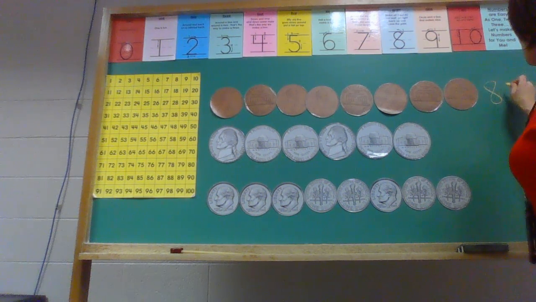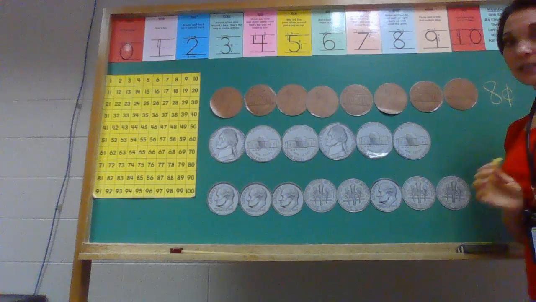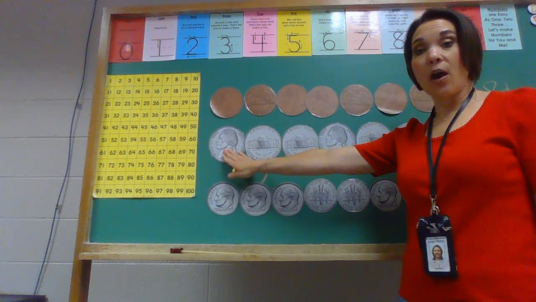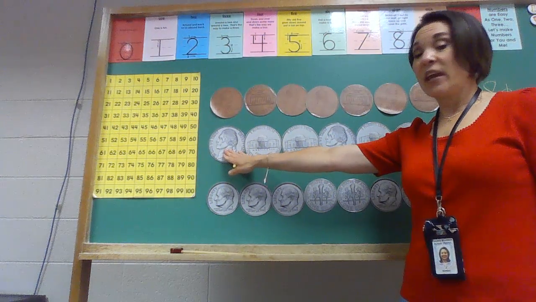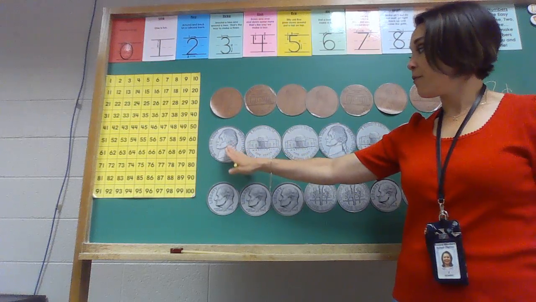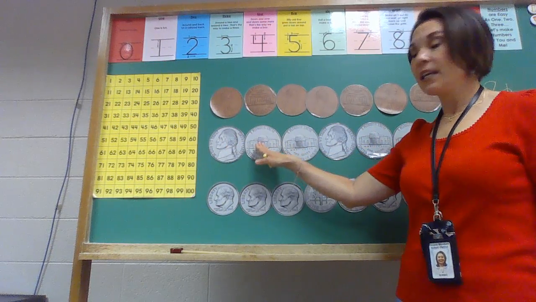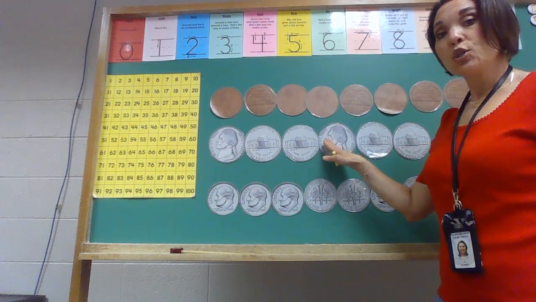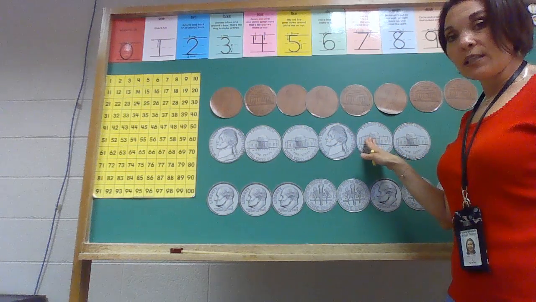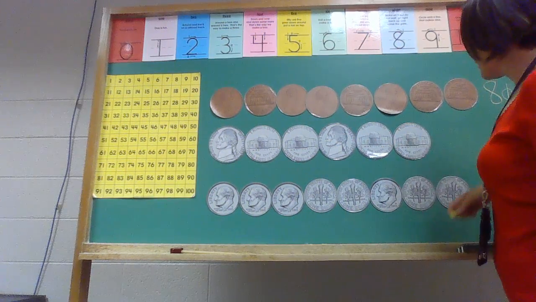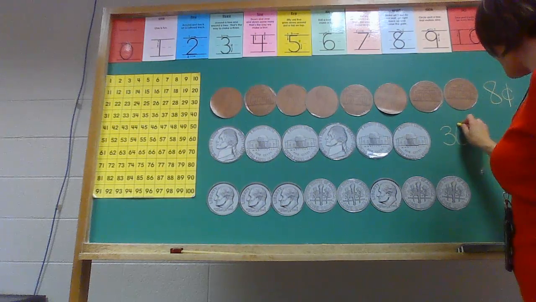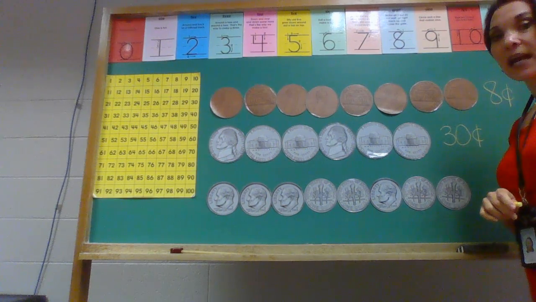So here we're going to have 8 cents. Let's go now to the nickels. Skip counting by fives. 5, 10, 15, 20, 25, 30. So here I write 30 with that cent sign. Don't forget that important sign.